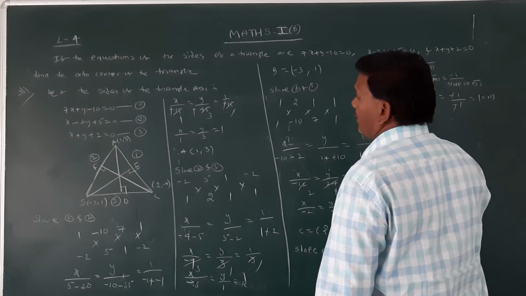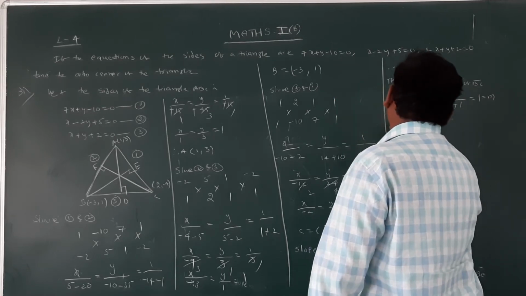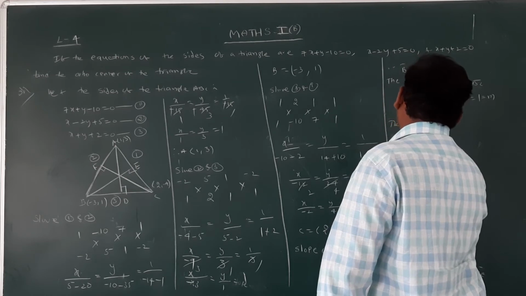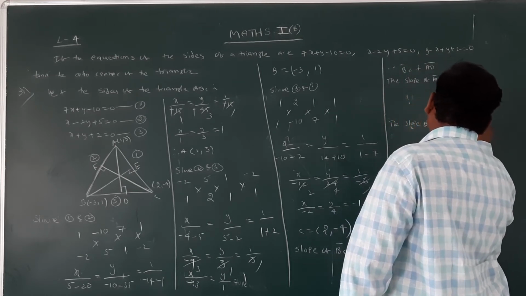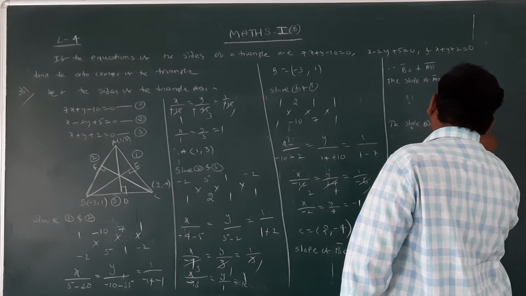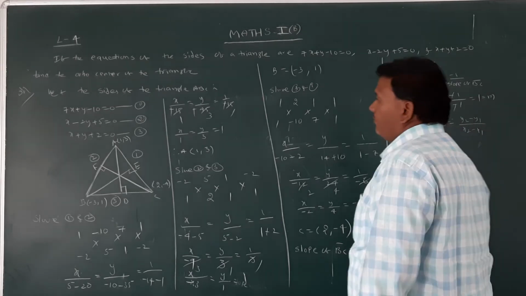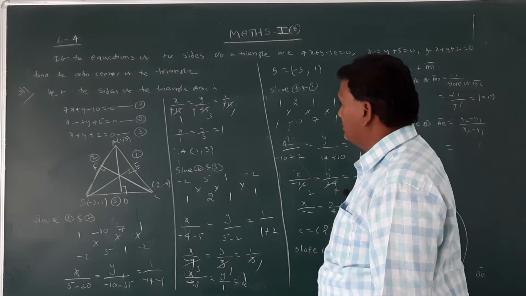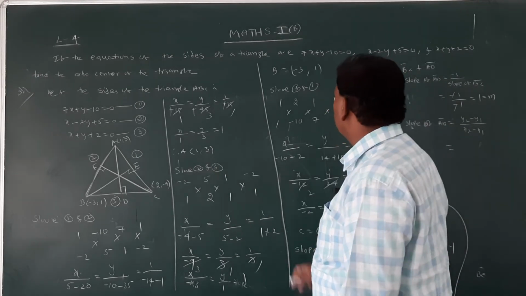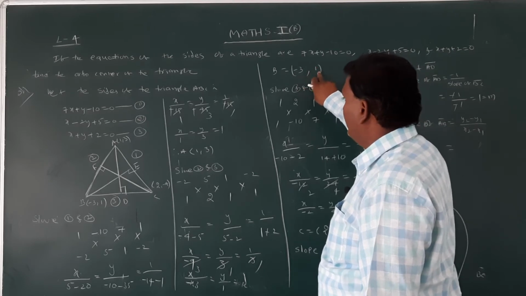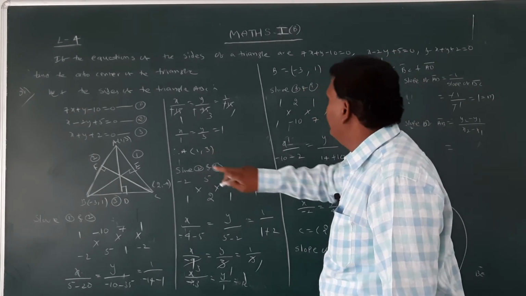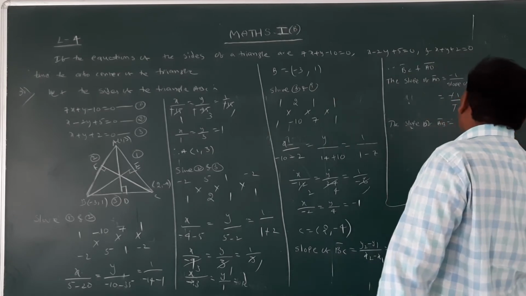the slope of AB is equal to y2 minus y1 by x2 minus x1. What is the slope of AB? What are the vertices? A is 1 comma 3, B is minus 3 comma 1. What is the y2? 1.